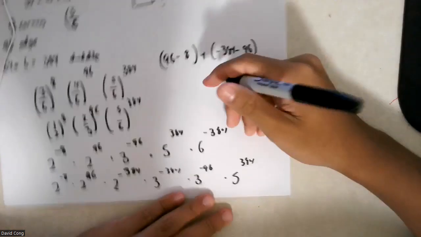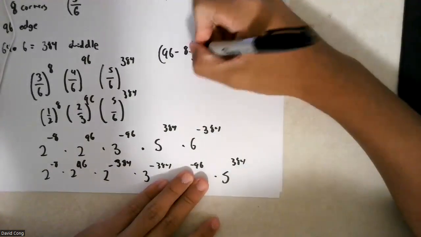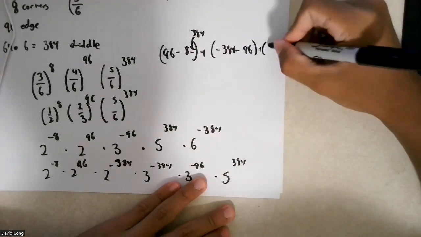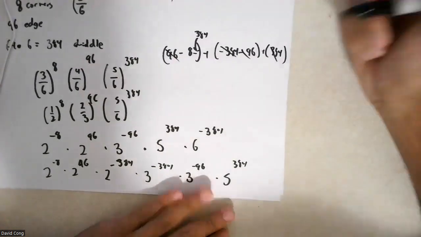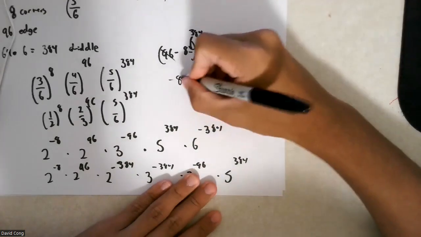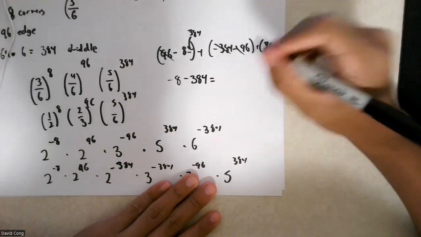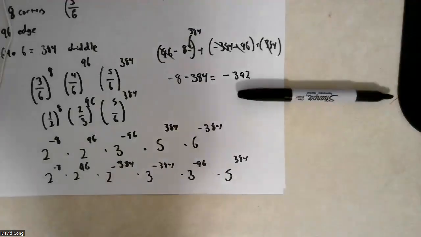And C is plus 384. Well, these cancel, and these cancel. So what do we have in the end? These cancel, and we're left with minus 8, minus 384, which tells us that our total is equal to negative 392.